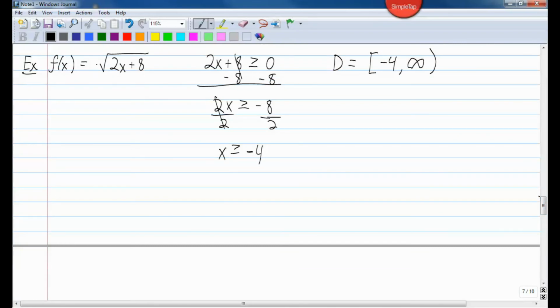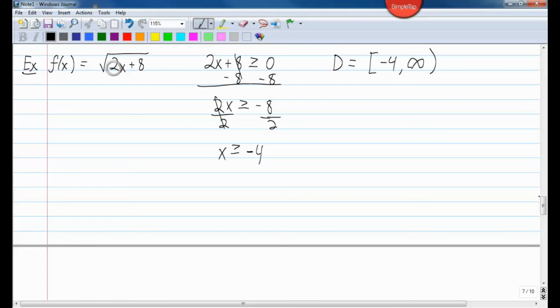As long as the radical is in the numerator and there's no denominator, then we want it to be greater than or equal to 0. Now, if for some reason the radical is in the denominator, the only change is that it can't be equal to whatever.